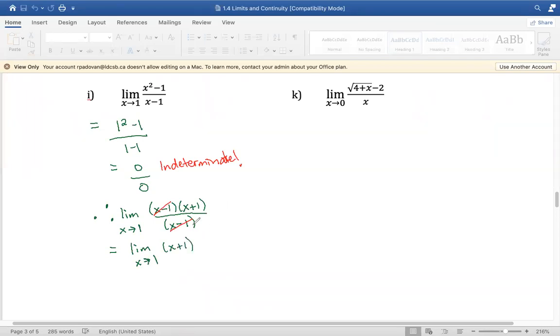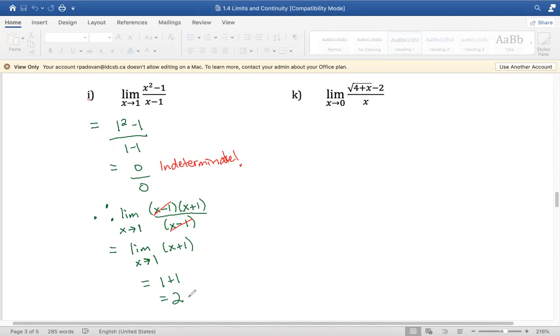And then it said once you have factored, simplified, rationalized the expression, then you can go back and sub in that value again as x approaches 1. So then I can go ahead and sub in the 1. So 1 plus 1 is equal to 2. 2 is a numerical value, so it has an overall limit of 2.